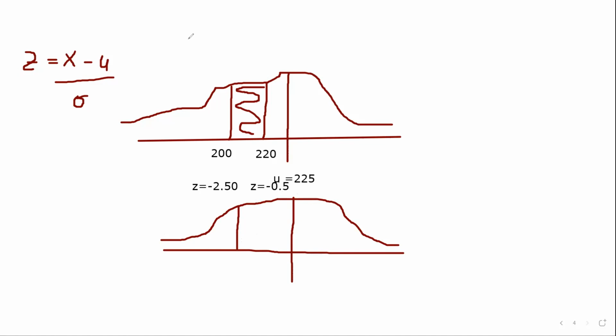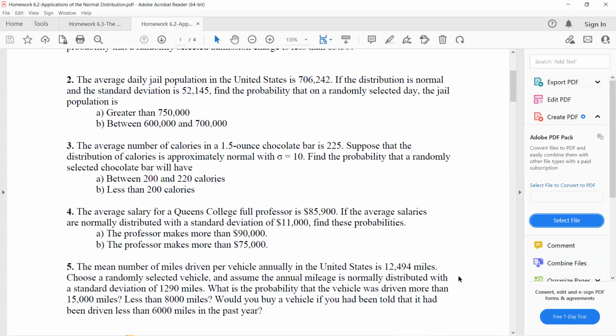This is a z-score of negative, is it less than 200 or less than 220? Let me read it again. It says less than 200, so we're using the negative 2.5, right?